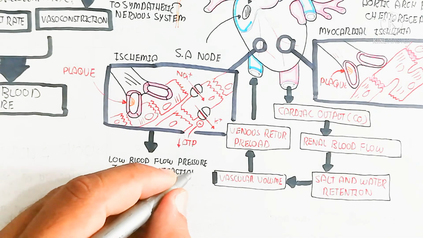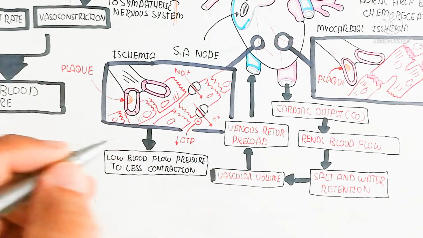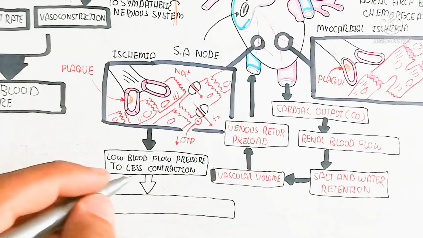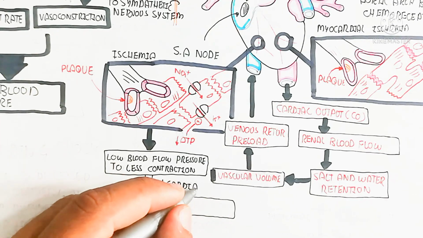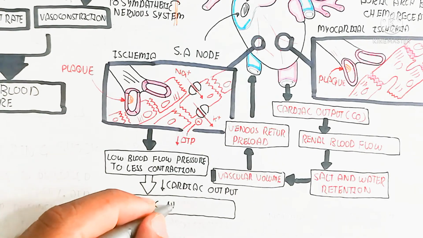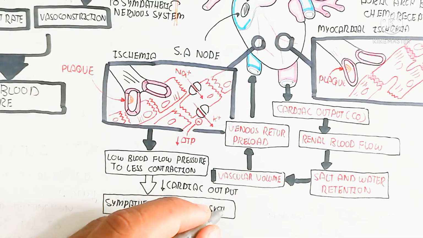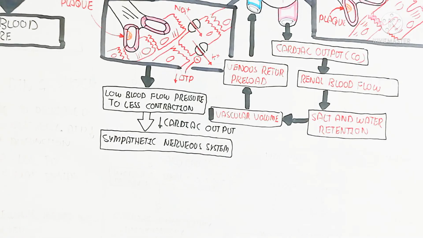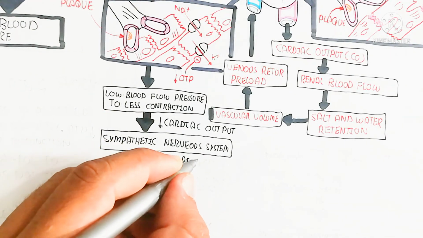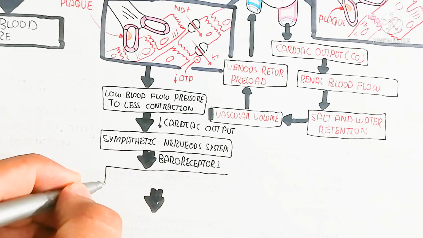The low blood flow and pressure lead to less contraction, and with the decreasing of ATP, sodium will not move outside and potassium will not move inside. In this way, cell edema will occur, as the increase of sodium will absorb more water and lead to cellular edema.